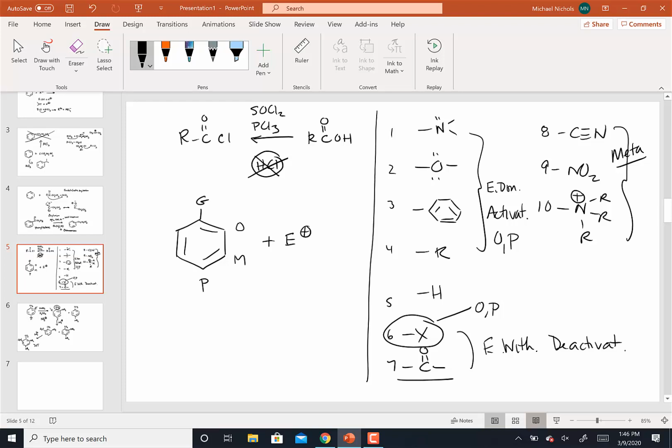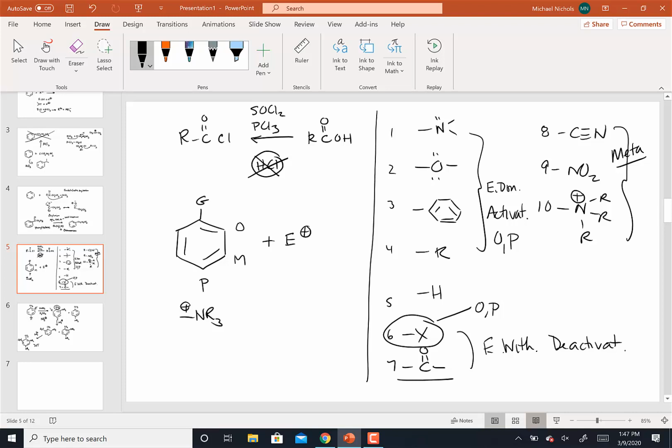The real reason why, if you put an NR3+ group on a benzene ring, it's going to react the slowest, is simply because if I put this group on this benzene ring, I've now made a positive charge on the ring that's trying to react with the positive charge of the electrophile, and that's not going to work out very well, because the positive charge of the ring is going to be repelled by the positive charge of the electrophile.